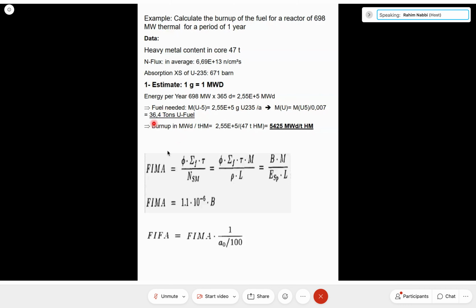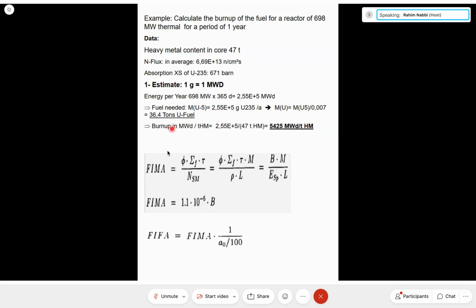That would be, of course, more than 36 tons of uranium fuel for 1 year operation. For 1 year operation, only 0.25 tons of uranium-235 is needed. But total uranium is 36 tons because of the relationship with enrichment.